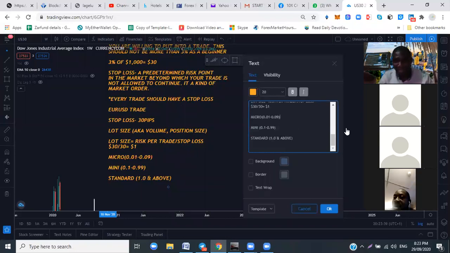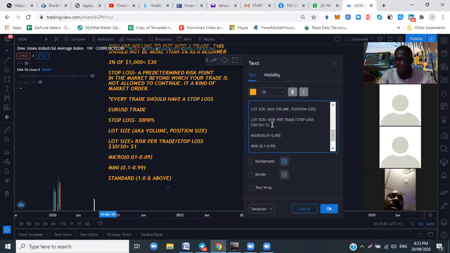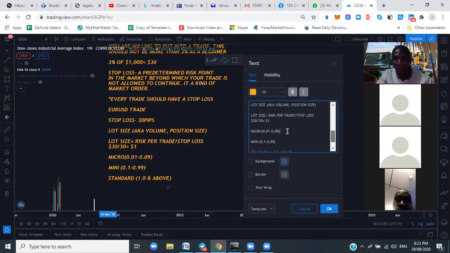Okay. So now what does this mean? Like I said, this $1 here is not your lot size, it is the dollar value of your lot size. So how do you get the lot size out of the dollar value? This is how that's done.